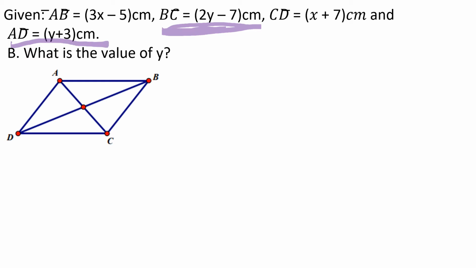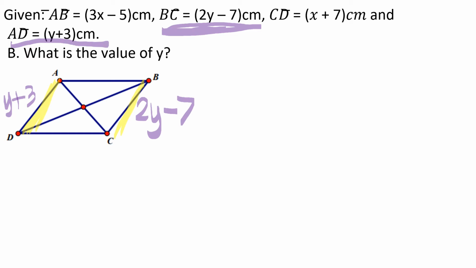Side BC measures 2y minus 7, and side AD measures y plus 3. Notice again that side BC is opposite to side AD.